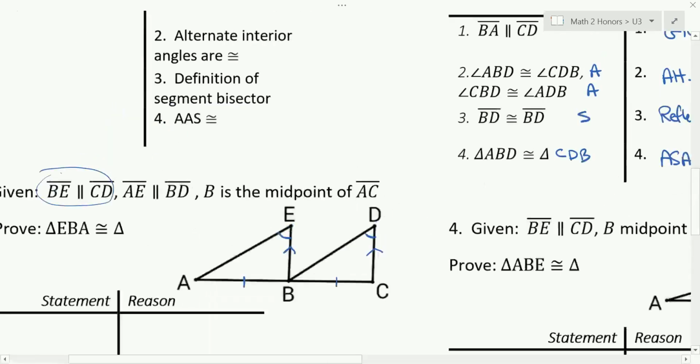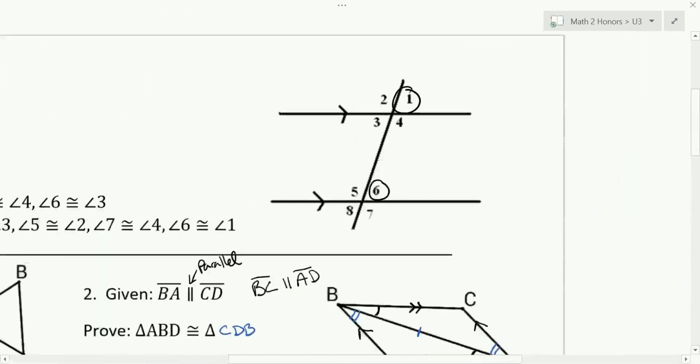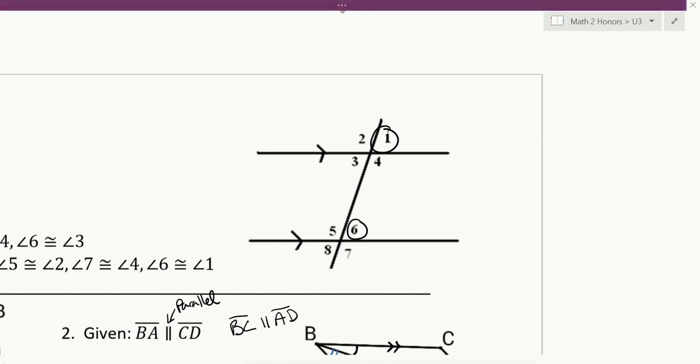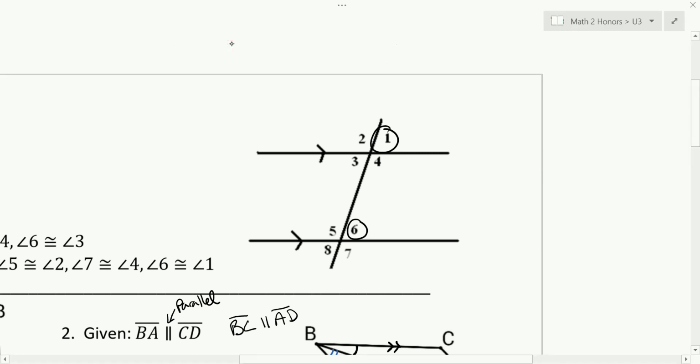Now, I want to bring you back to one thing I said up here. Okay, so angle 1 and angle 6 are corresponding. And with corresponding angles two things have to happen. It's similar to the alternate interior. They both have to touch the parallel. And then they both have to touch a common segment.